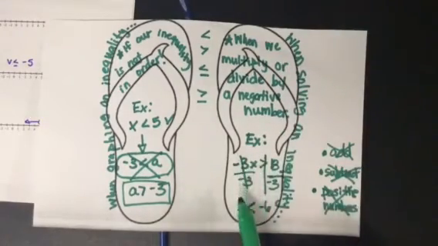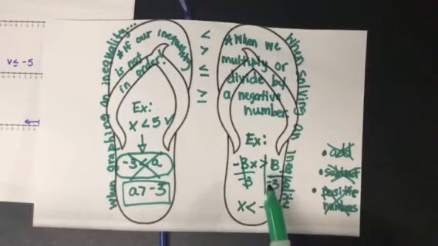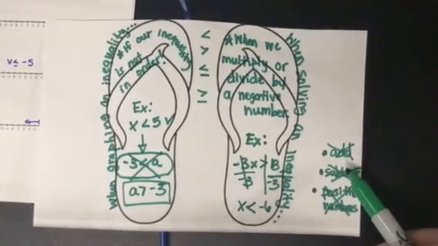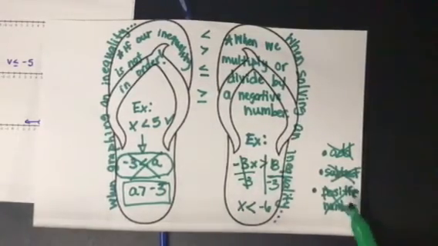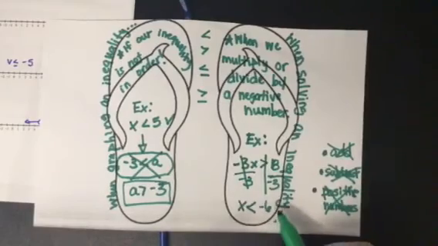So since we divided by negative 3 on both sides, we flip-flop our inequality symbol. If I had to add, I wouldn't flip-flop. If I had to subtract, I wouldn't flip-flop. If I had positive numbers, I wouldn't flip-flop. The only time I flip-flop is when I multiply or divide by a negative number.